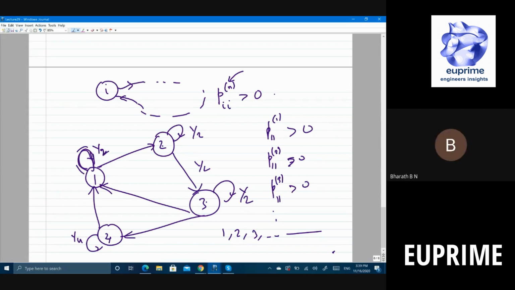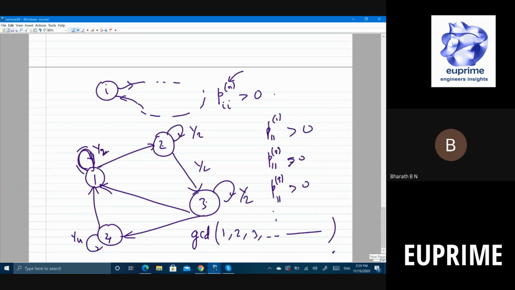Okay, so now you collect all these, and I will take the GCD of this. You know what GCD is? Greatest common divisor of all these. That is called the period of a state I. Is that fine?